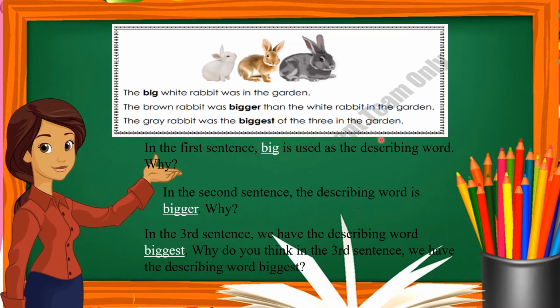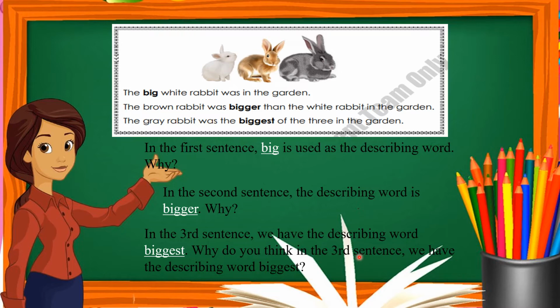How many rabbits are being compared in the third sentence? Okay, read it again. The gray rabbit was the biggest of the 3 in the garden. How many rabbits are mentioned in the third sentence? Yes, very good. 3 rabbits. So we use biggest because the third sentence describes 3 rabbits.